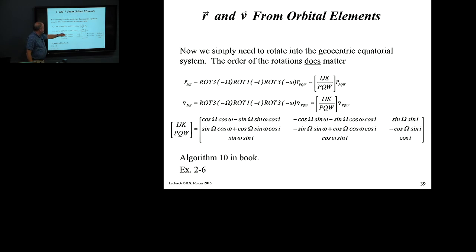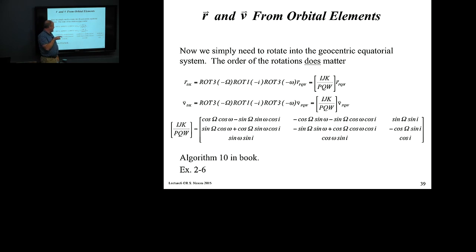So the first rotation you're going to do is a rotation about z by minus omega. Remember, a rotation about z doesn't change z at all. Right now, our z is still pointed perpendicular to the orbit plane, in the direction of the angular momentum vector. We're going to do a rotation about z by minus the argument of periapsis.